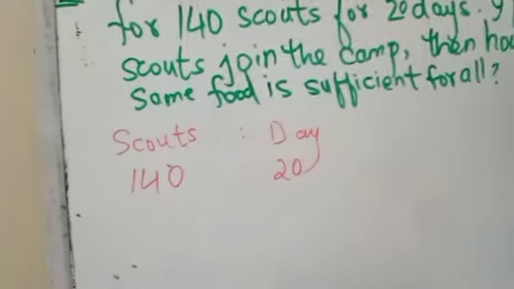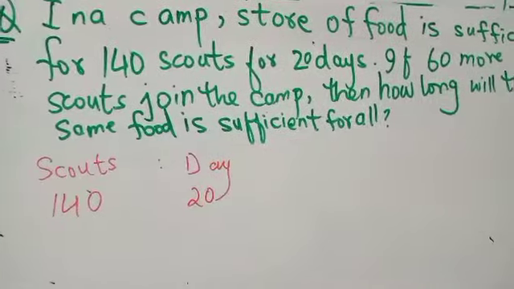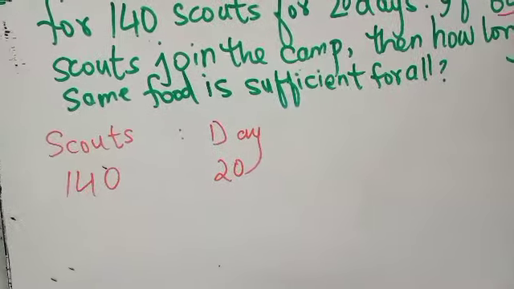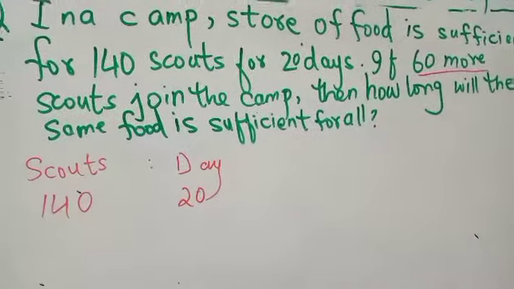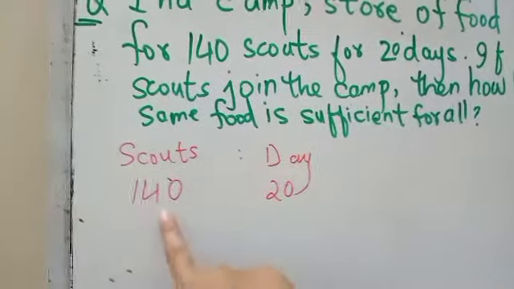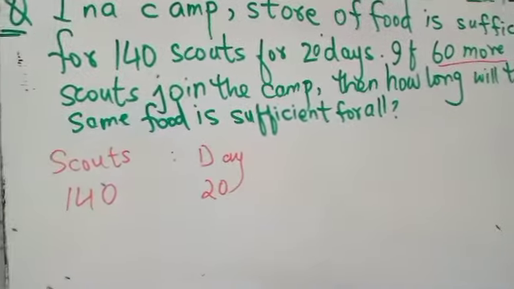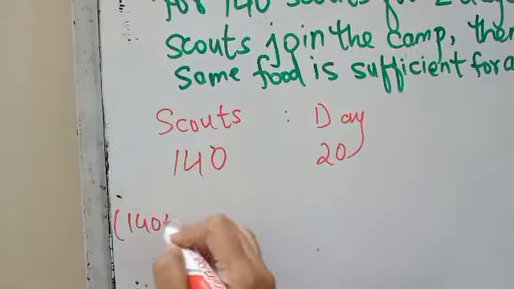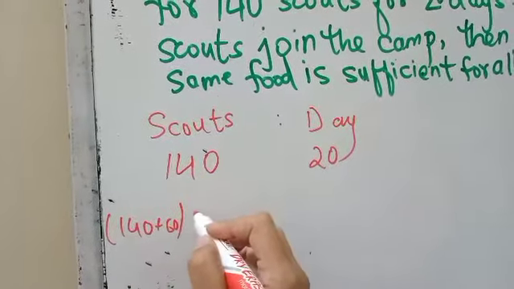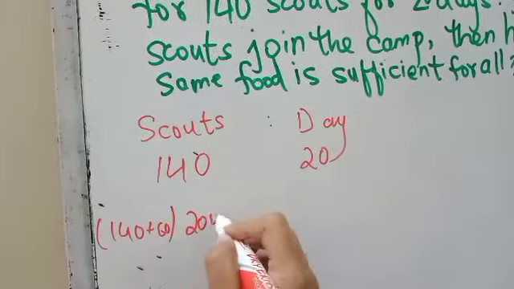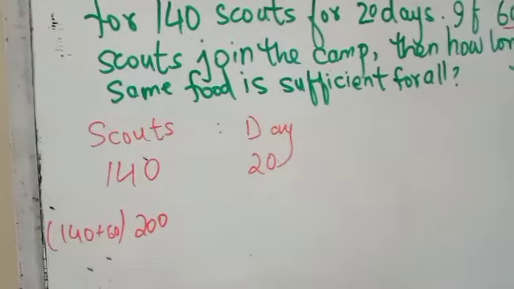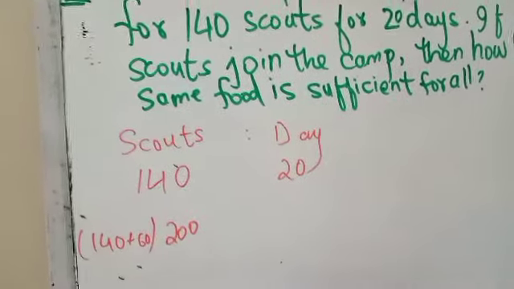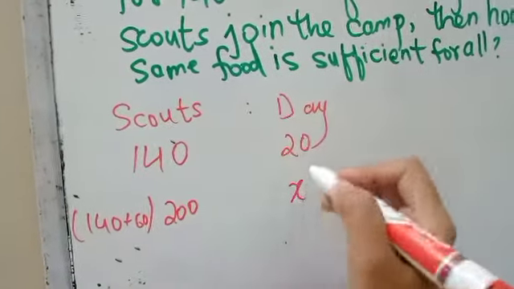If 60 more scouts join the camp, 60 more, highlight it over here, 60 more. 140 is already over there, and 60 more means that you will add 140 plus 60. So how many does it become? It becomes 200 now. So if 60 more scouts join the camp, then how long will the same food be sufficient for all? X.